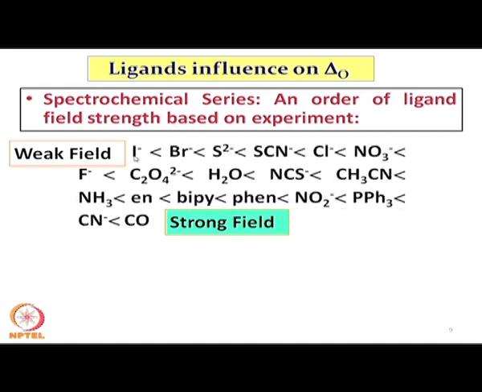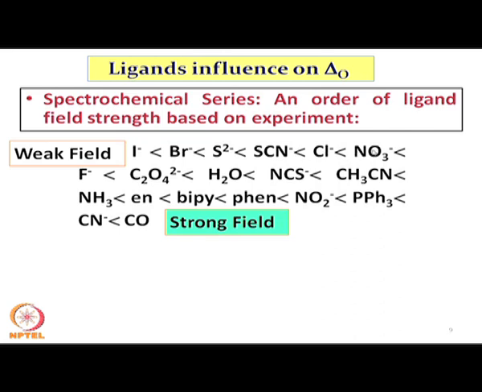So, we can arrange these sequentially from iodide, bromide, chloride, all we have just seen in the case of the cobalt compound, and then we have the nitrite coordination and the acetonitrile coordination. When we arrange iodide, bromide and chloride, in between we have sulphide and thiocyanate also.